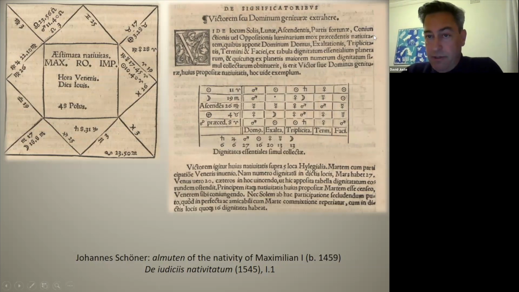He reminds us of the rule, and then he has a table that calculates, as I said earlier, the points of essential dignities owned by the planets in the 5 places of life. Remember the hylegiacal places, which are the sun, the moon, the ascendant, the part of fortune, and the conjunction which precedes, that is the syzygy preceding birth.